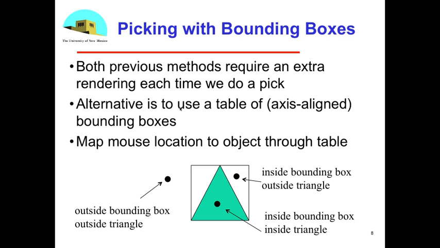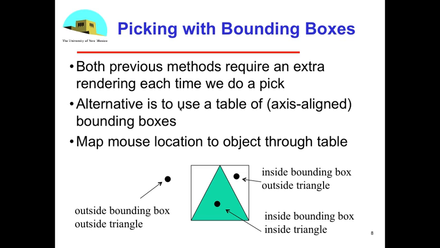Well, how do you get that? All you have to do is compute the minimum and maximum x's and y's of all the vertices that comprise that object, and that gives you the corners of that rectangle, and that's really all you need to do testing of whether a point is inside or outside that rectangle. Now that's easy to do.